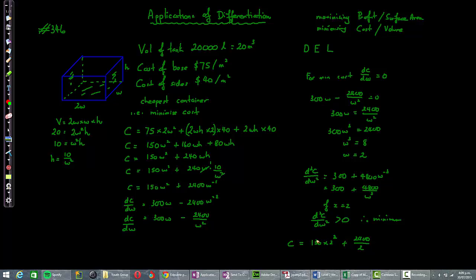So that's 4 times 150. What's 4 lots of 150? 600, I think. 400, 4 lots of 50, 200, yep, 600, plus that halved is 1,200, so I reckon that's going to be a total of $1,800 for the minimum cost.